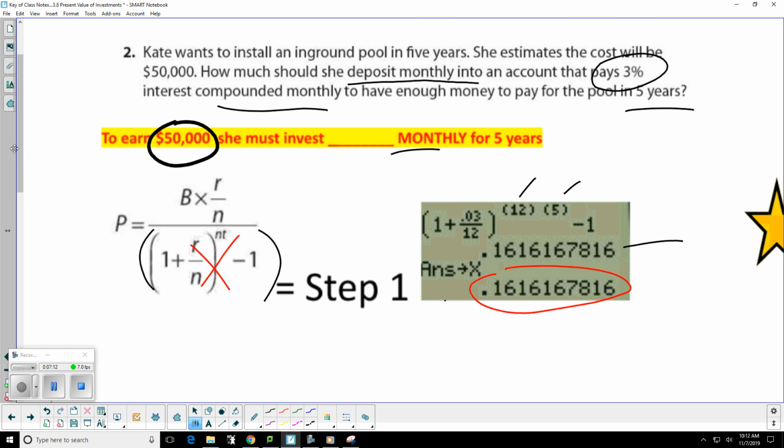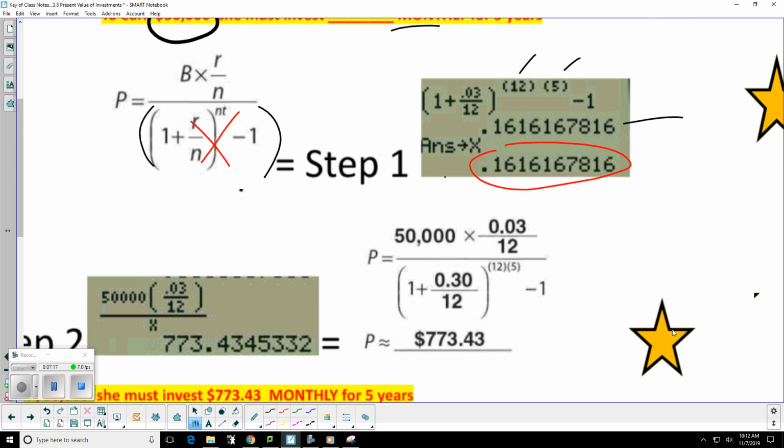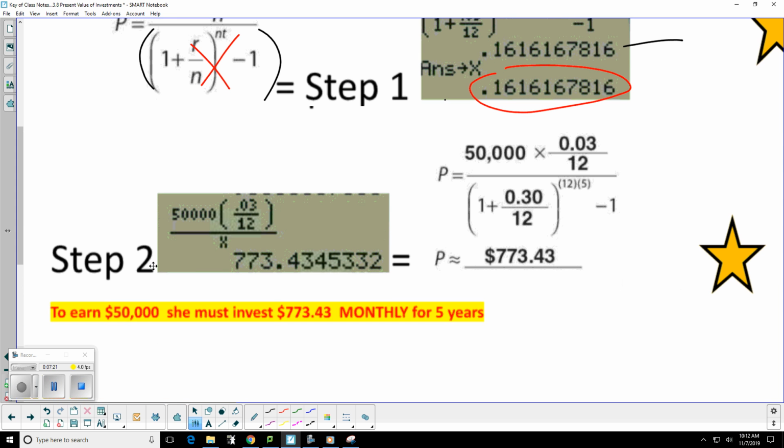Finally, we move to step 2. We take a look at the investment that we want to make of $50,000. We multiply that by the fraction.